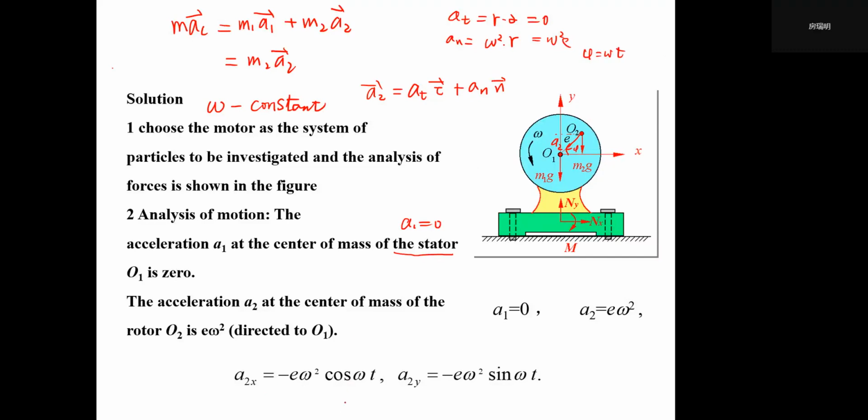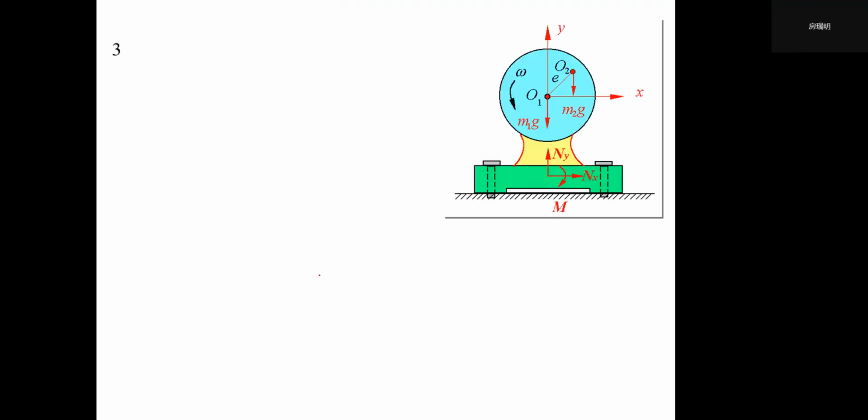And A2y will equal omega squared e sine phi, which is also along the negative direction of y, so we also have another minus sign. So after this, we can use the theorem of the motion of the center of mass. Let's move to the next page.